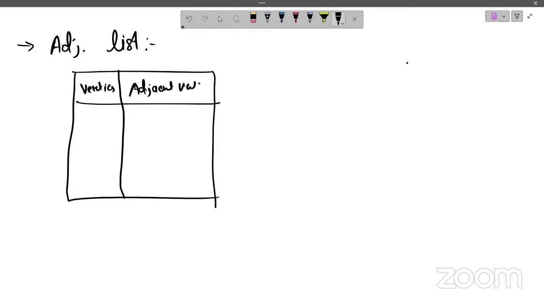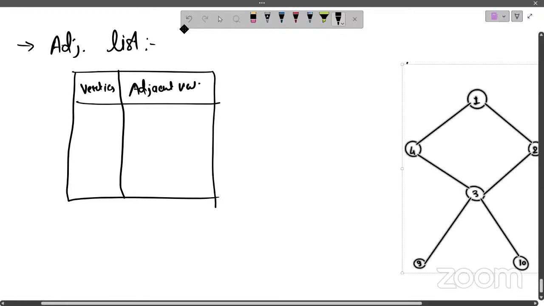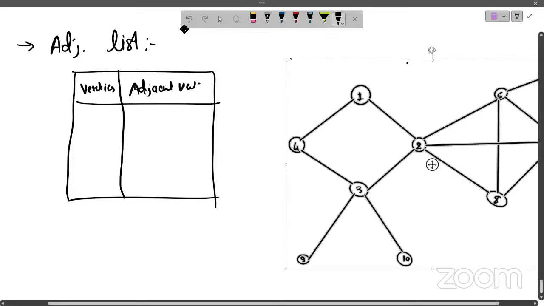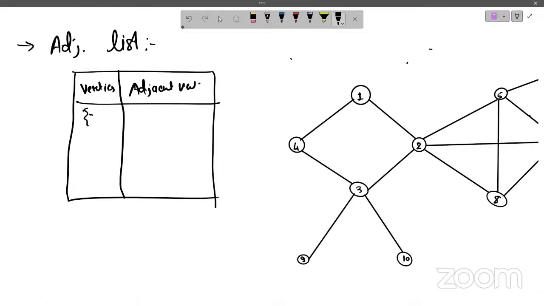For example, in this graph, if the vertex is 1, then its adjacent vertices are just 4 and 2. Adjacent means that if there is an edge between that vertex and another vertex, that vertex is called adjacent.